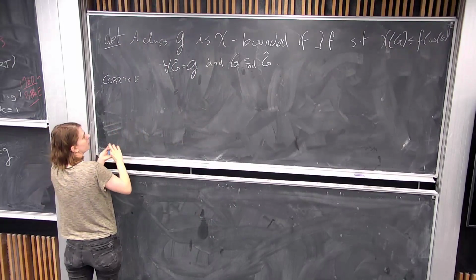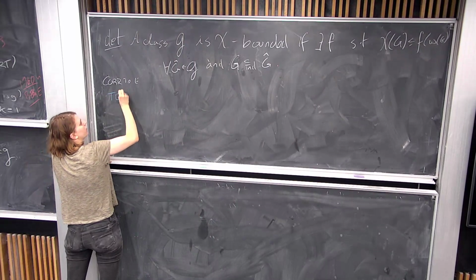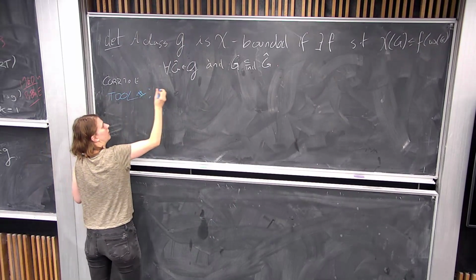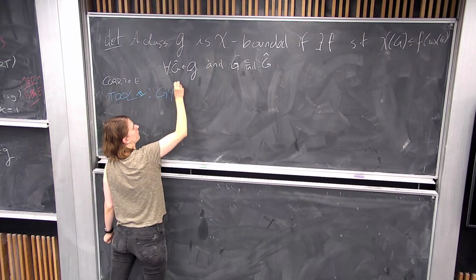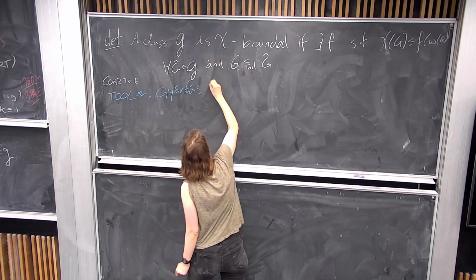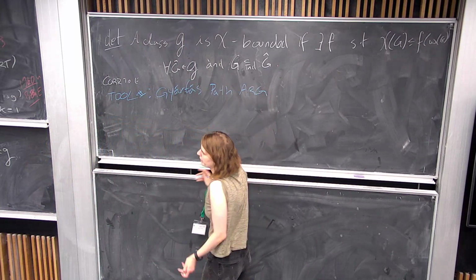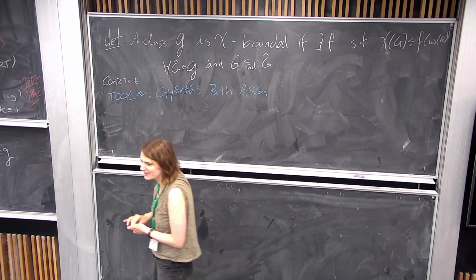Sort of call it... it's known in the literature. We're very creative about giving names, as in the Gyárfás path argument. And you'll see what it is through proving that paths are chi-bounded.